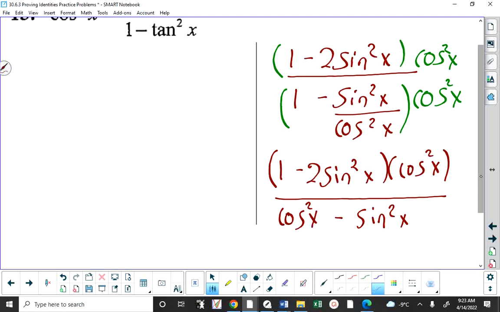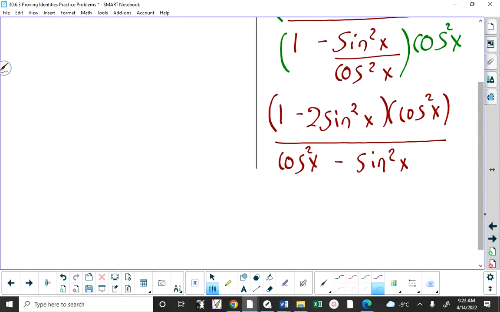Okay. At this point, and I really wasn't sure where this is going, but since everything on the left-hand side is in terms of cosine, I'm just going to rewrite everything on the right-hand side in terms of cosine. And I can do that because wherever there's a sine squared, I can put 1 minus cos squared.